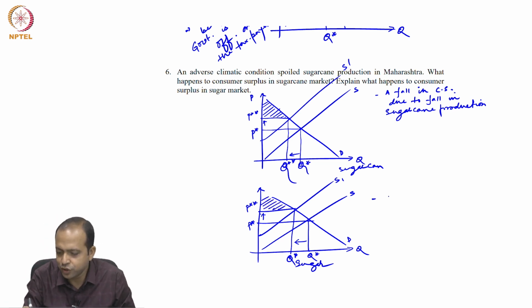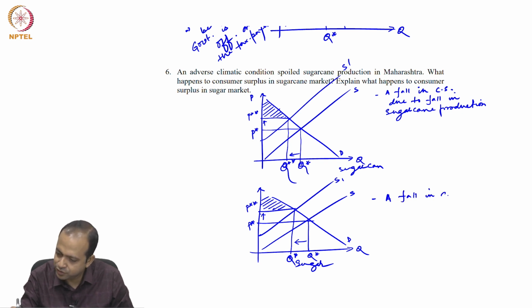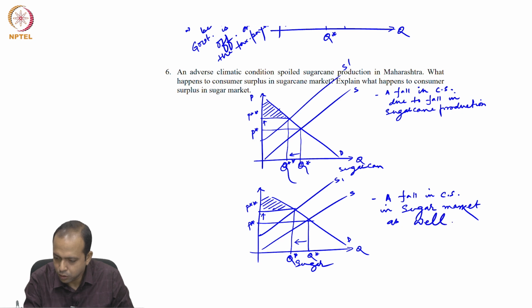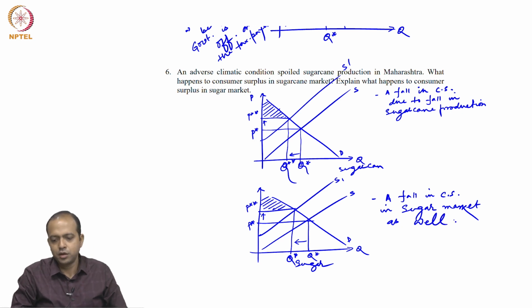So, again a fall in CS, consumer surplus, in the sugar market as well. This is how we need to analyze. These are all related markets. So, just the opposite will happen.